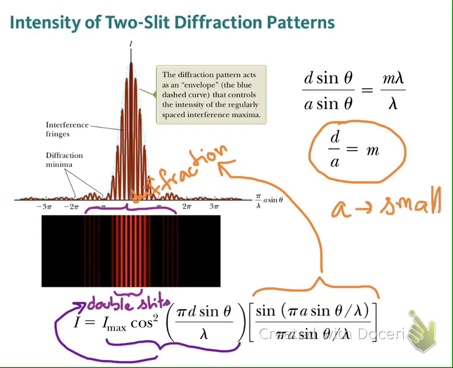And when a is very small and d is quite large compared to a, you can have a lot of interference fringes from the center point to the first dark fringe. When you do the experiment, you don't have to worry about this dark fringe because you will have a lot of interference pattern here to study. So that is the condition if you want to have a lot of fringes here.